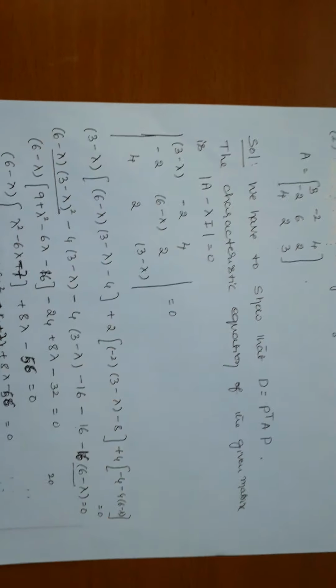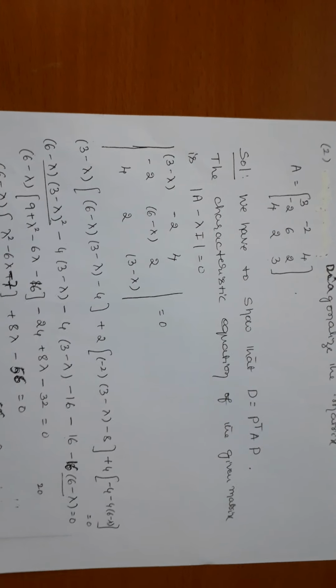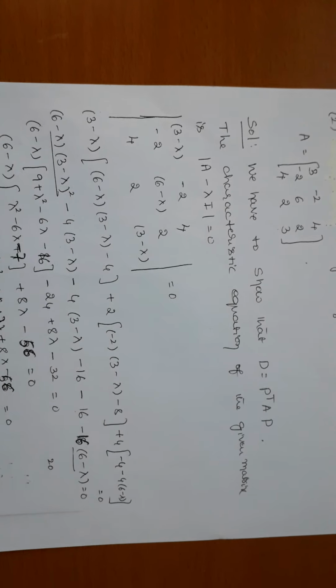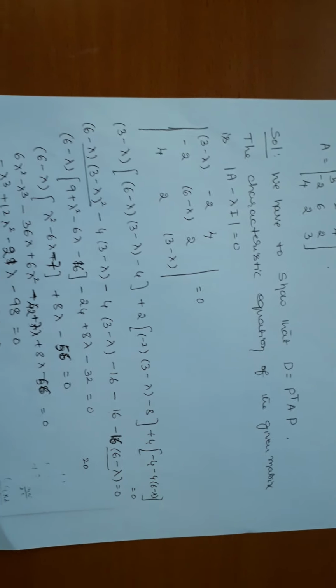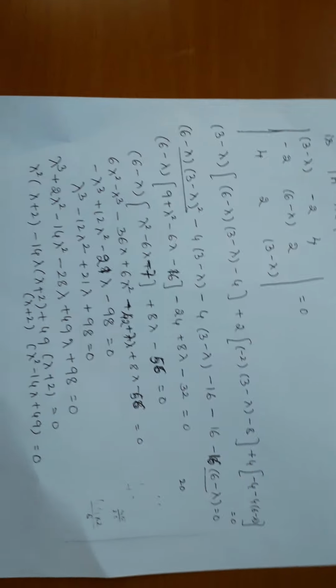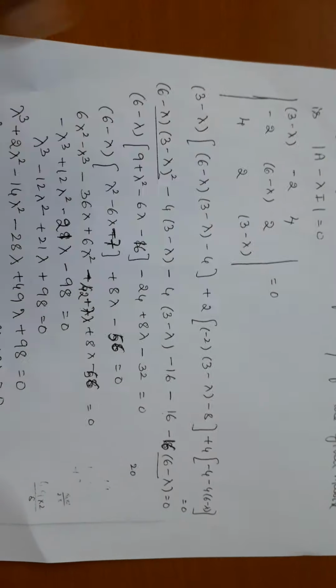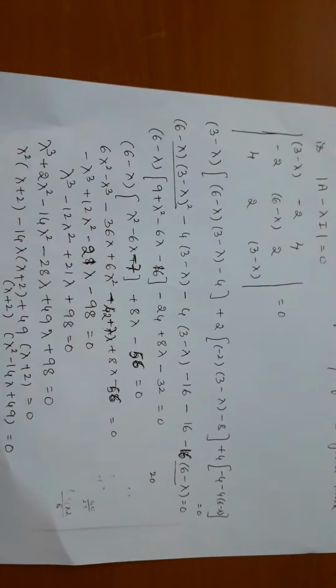What we are going to do: first you take the determinant of A minus lambda I and write the characteristic equation. From the characteristic equation you find the roots, which are the eigenvalues of the given matrix. You know how to find eigenvalues; I already discussed it in my previous video.